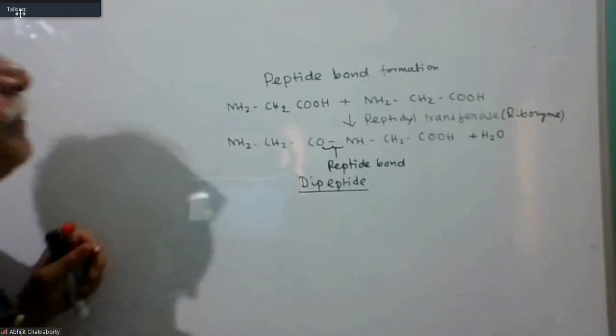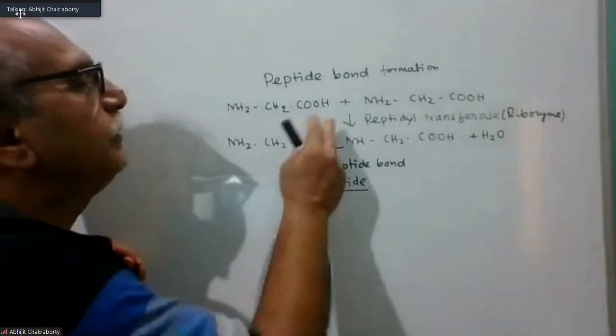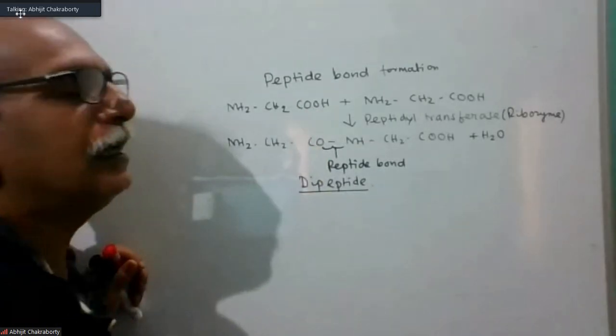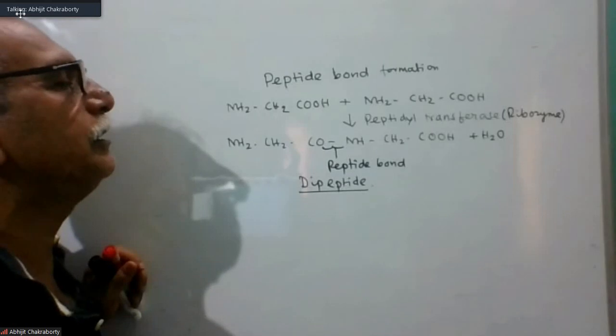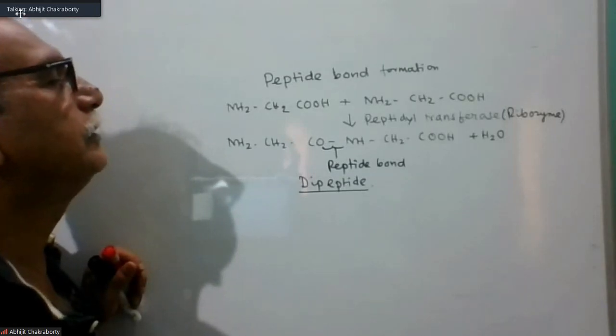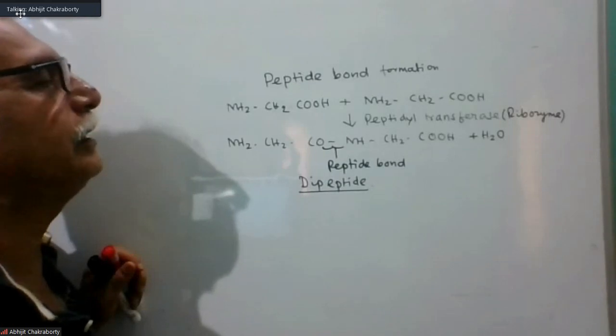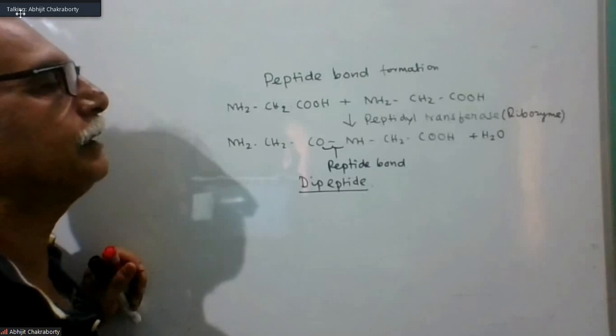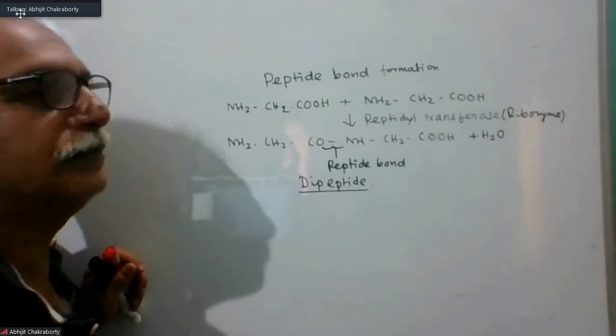So this is one peptide bond, how it is formed and how to define it: a covalent bond formed between the carboxylic group of one amino acid and the amino group of the adjacent amino acid with the liberation of one molecule of water. And this bond formation is catalyzed by the peptidyl transferase enzyme, which is actually a ribozyme.